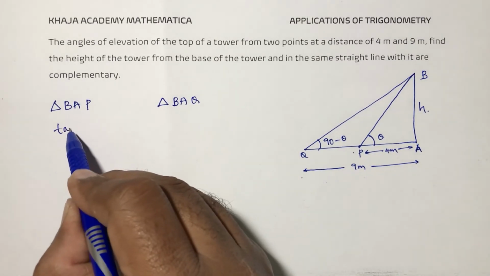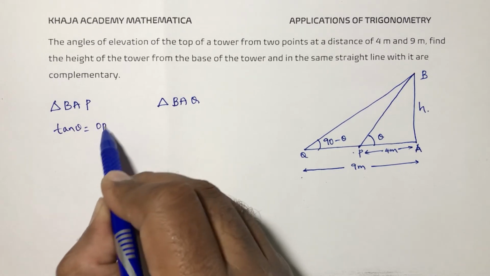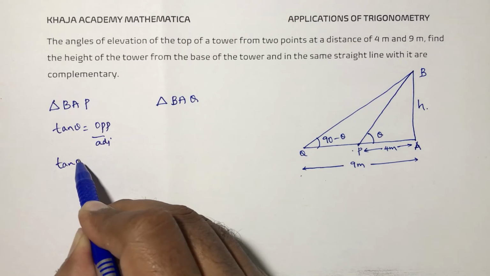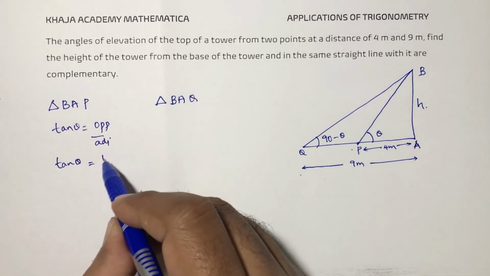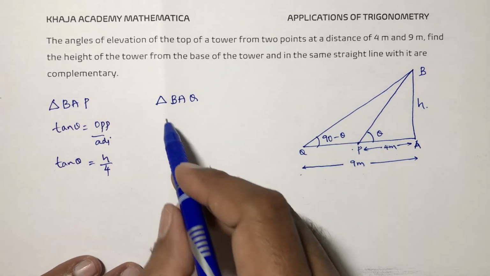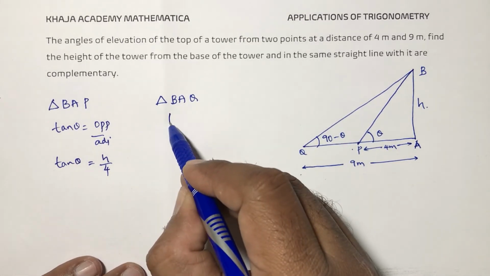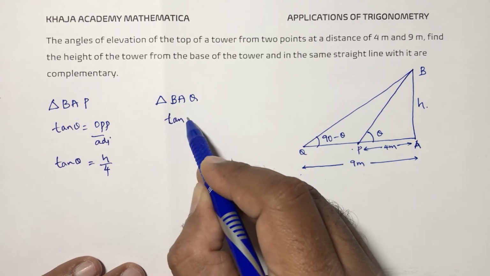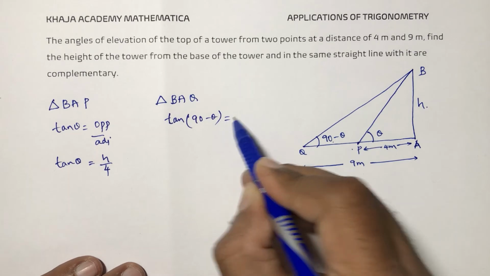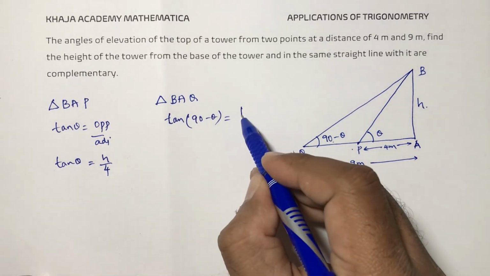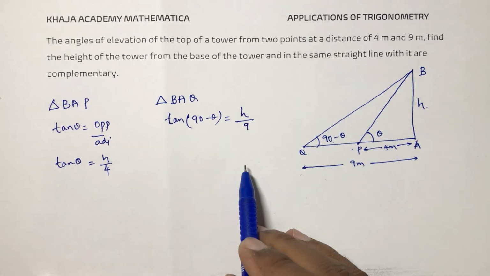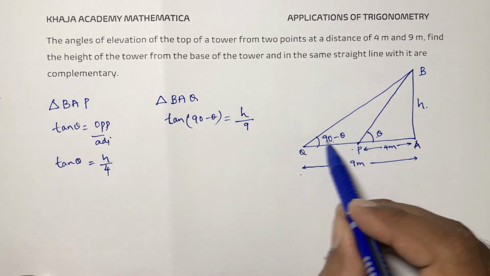So tan theta is opposite by adjacent. The angle is theta only, I took. So opposite is h, adjacent is 4. So tan theta is h by 4. Next, for the angle 90 minus theta, opposite is h, adjacent will become 9, because the two angles are complementary.